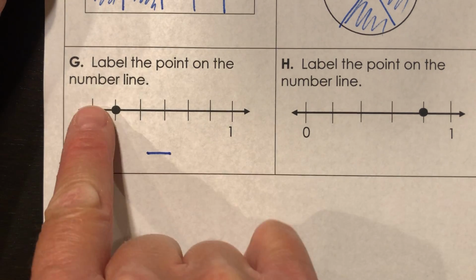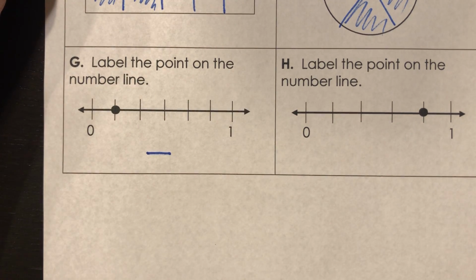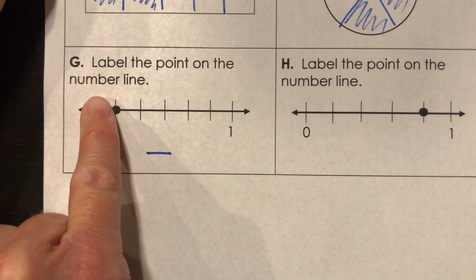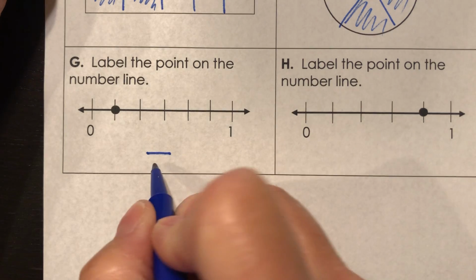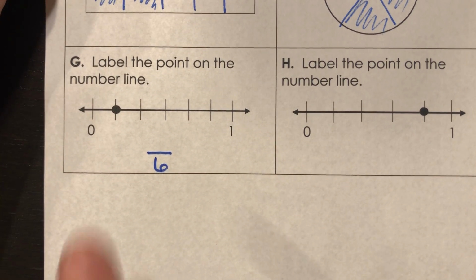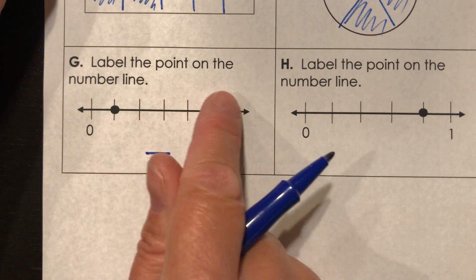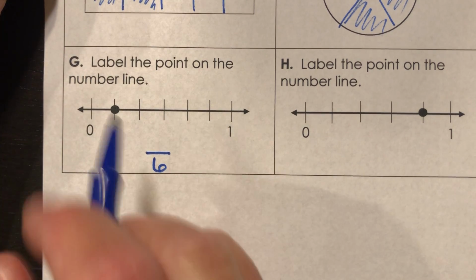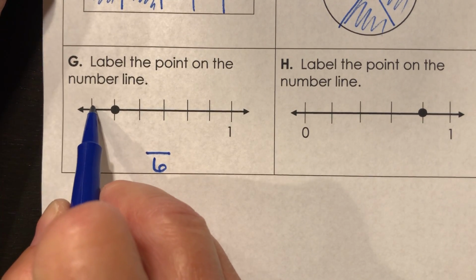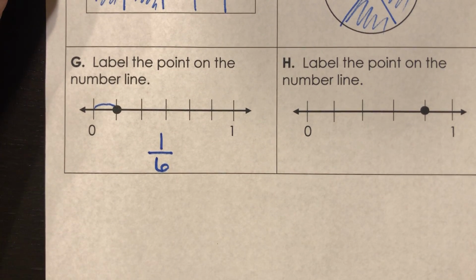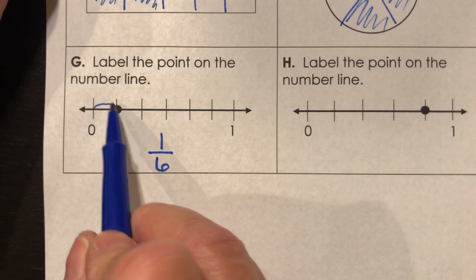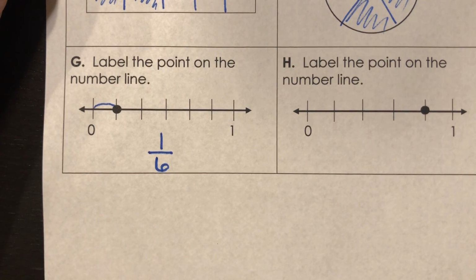Well, from 0 to 1, that means I have 1 whole amount, right? This is cut up into 1, 2, 3, 4, 5, 6 pieces. That's my denominator. The total number of pieces the whole number is cut up into. Now to get here from 0, that's just 1 section, right? 1/6 would be my fraction. I'm 1/6 of the way there.